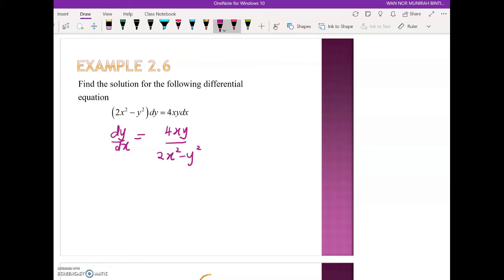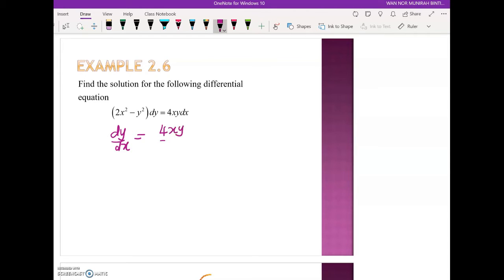Just by looking at the degree or the power of this equation, this term is 1 plus 1, so the total is 2, and this one is also 2. So I can say that I have a homogeneous equation. Otherwise, please try to test for the homogeneity.